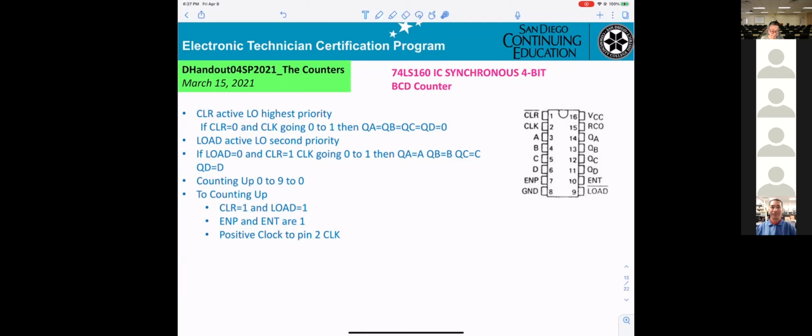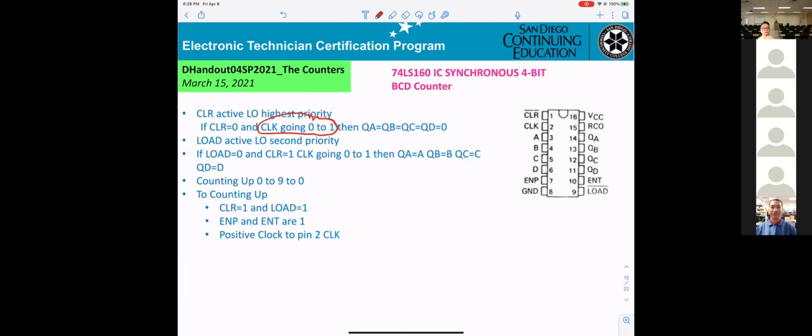Now you see the difference. This IC is completely controlled by the clock signal. Whatever you want to do, you must get the clock going 0 to 1. You apply clear equal 0, output not 0 until you apply the clock 0 to 1. And now they get clear. And sometimes you can see on this left more simple.